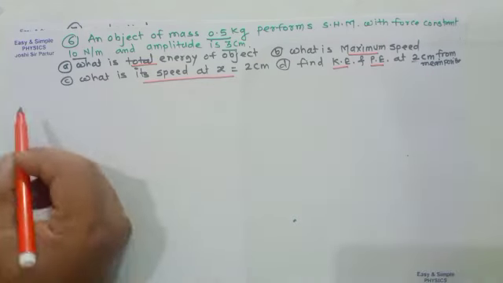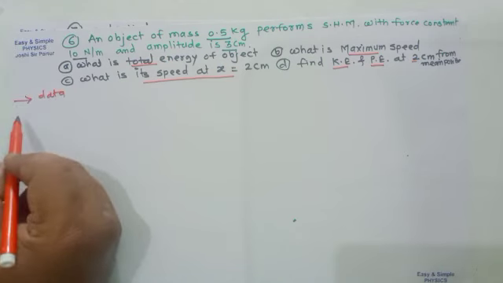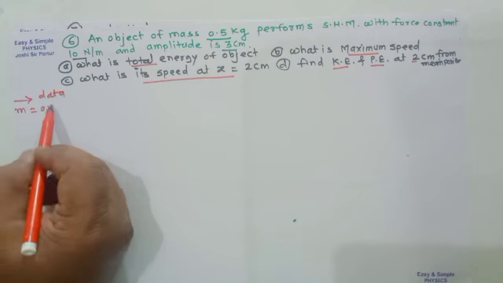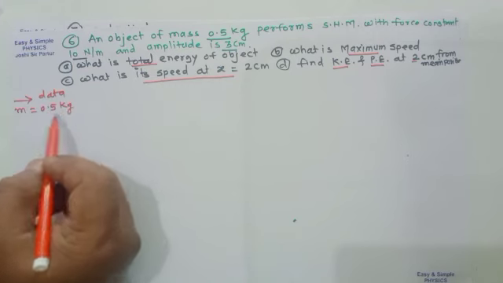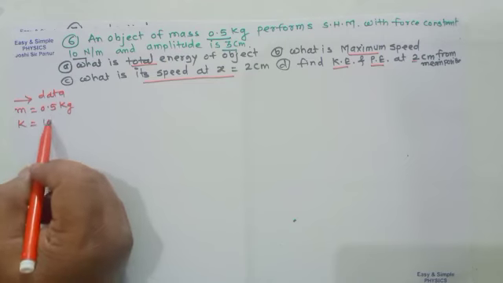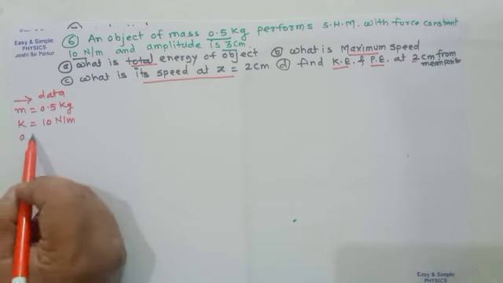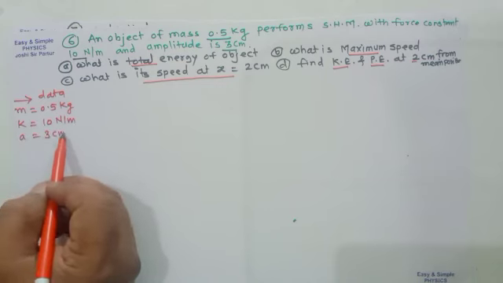So first of all, writing the data, mass will be 0.5 kg and force constant, that is m omega square, will be 10 Newton per meter, and amplitude is 3 centimeter.